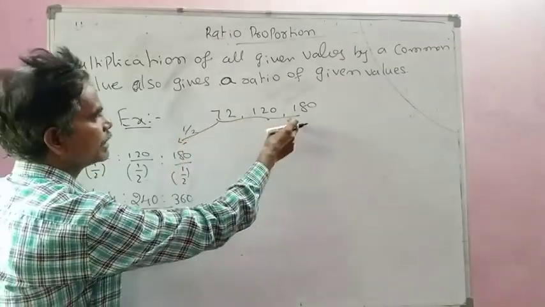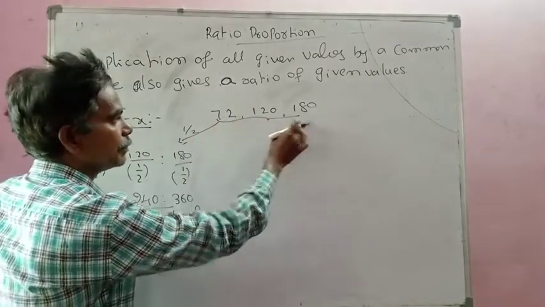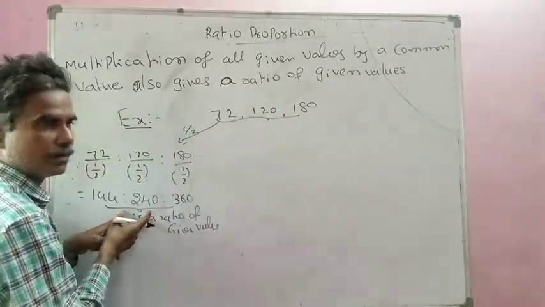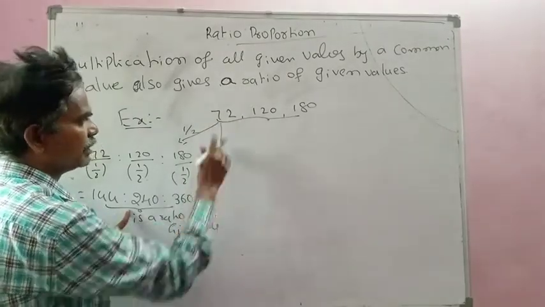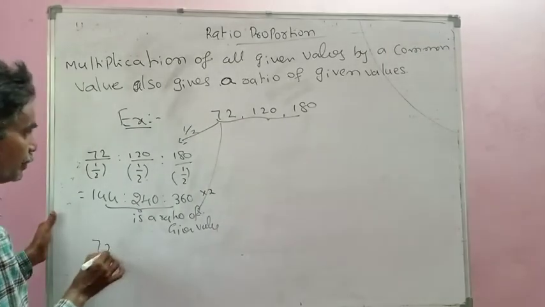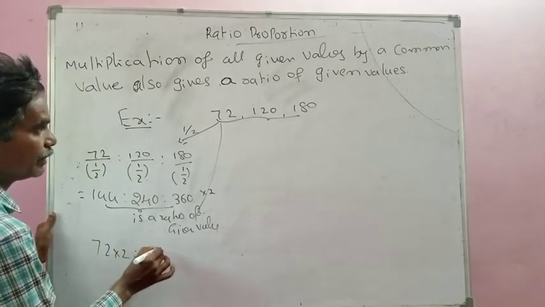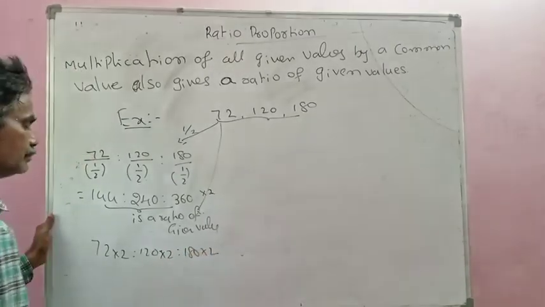Instead of dividing all these values by 1/2, we can multiply these values by 2 to get this ratio. Observe that if you perform multiplication of these values by 2, then you get 72 into 2, 120 into 2, 180 into 2.